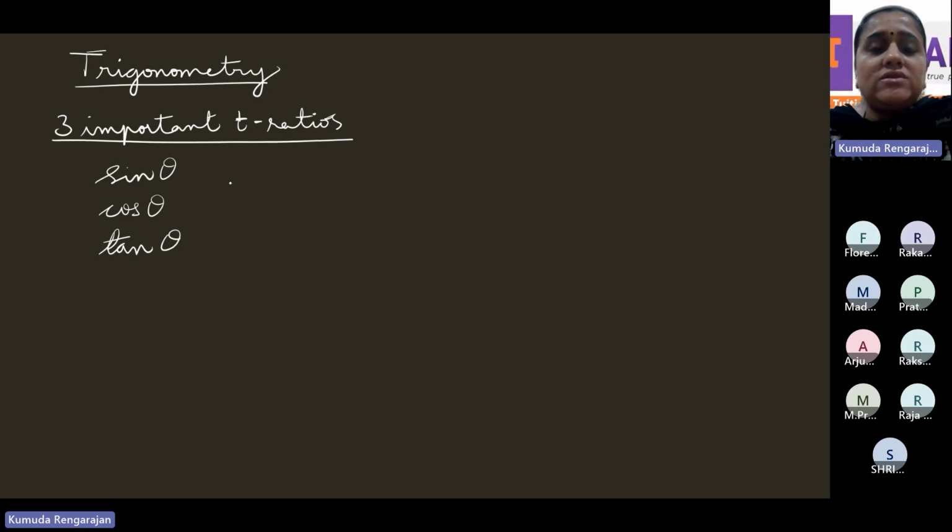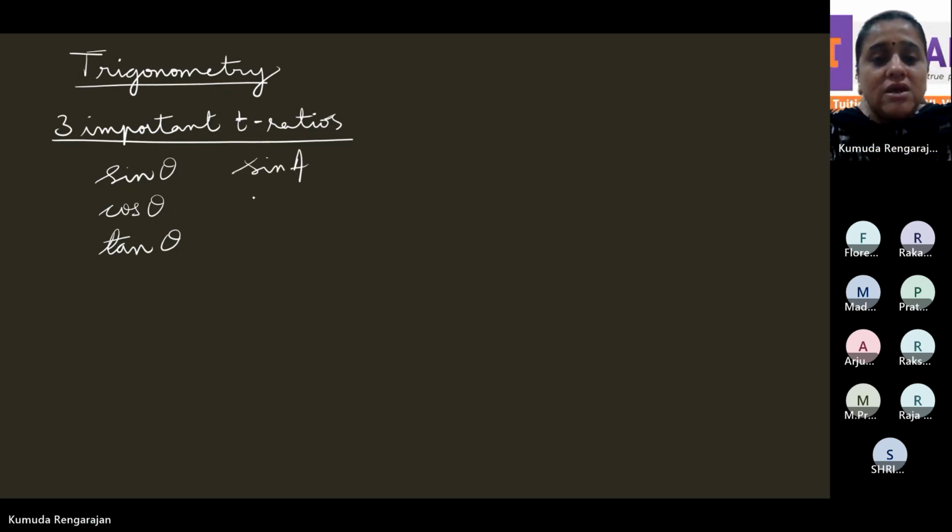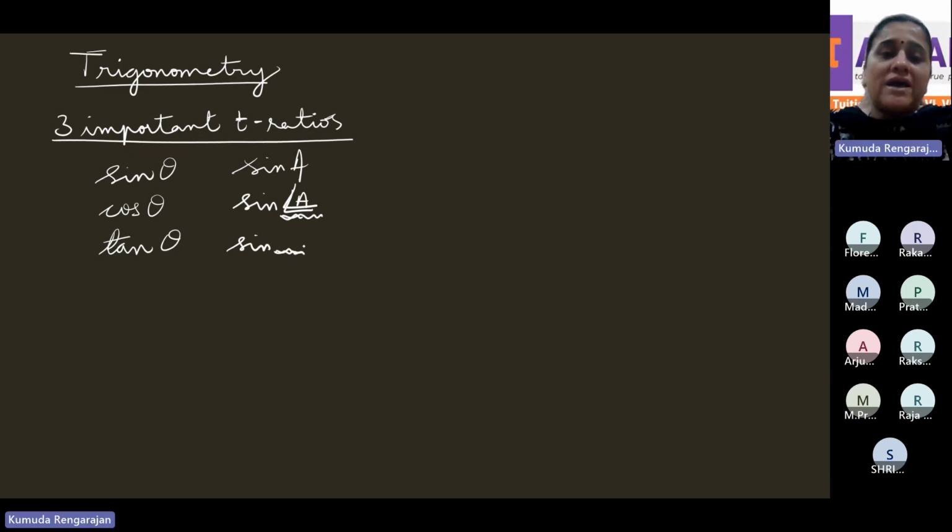So the acute angle, also called the reference angle. If the reference angle is A, so sine of angle A is written as sine A. You don't have to write the angle symbol, because whatever comes after sine is always an angle.